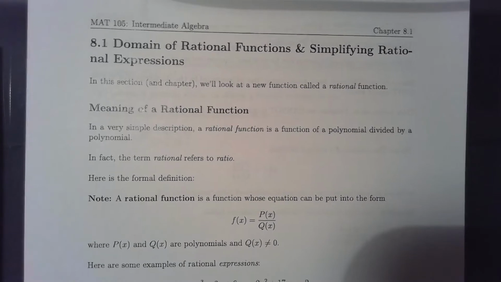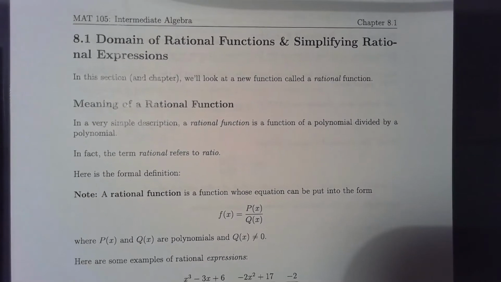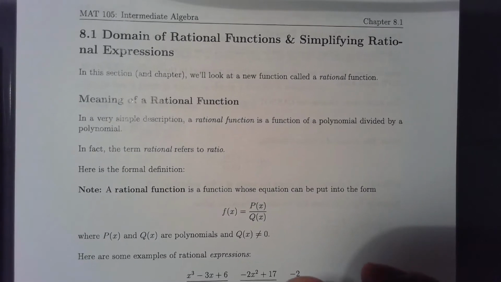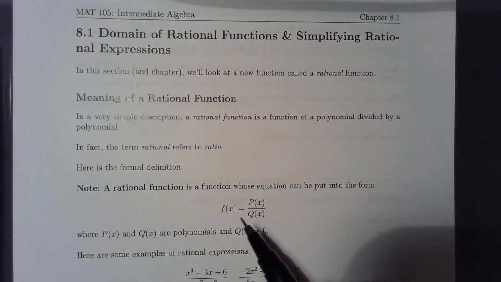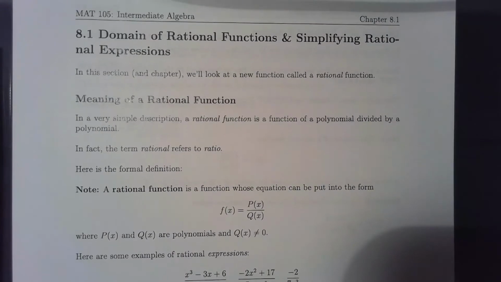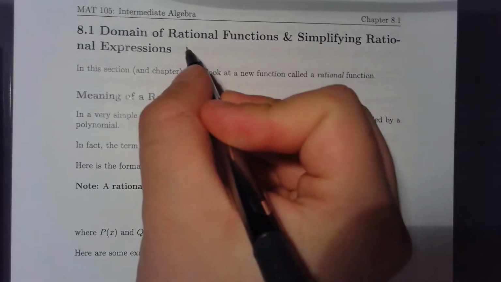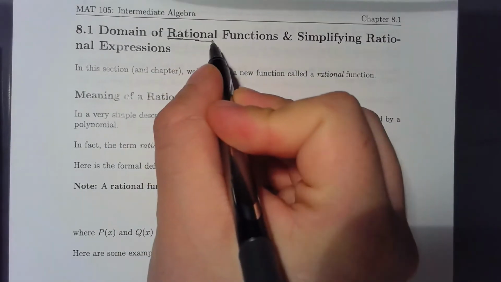We're going to look at, so this is the beginning of chapter 8. We're going to start looking at a new type of function now. We're going to start looking at rational functions.